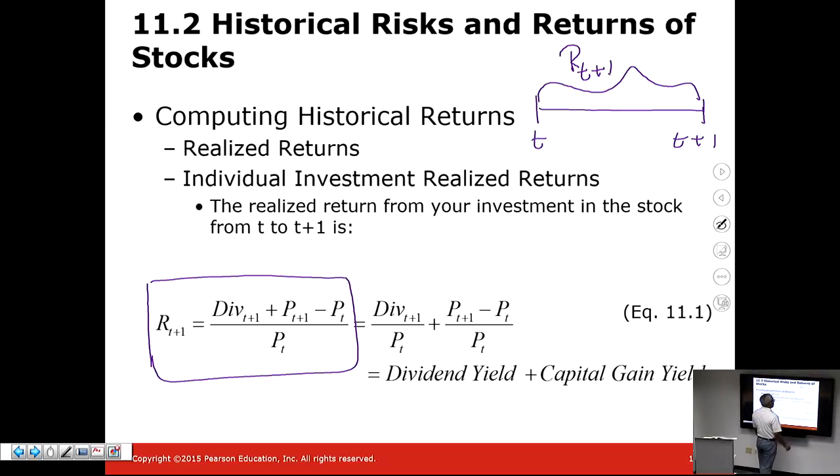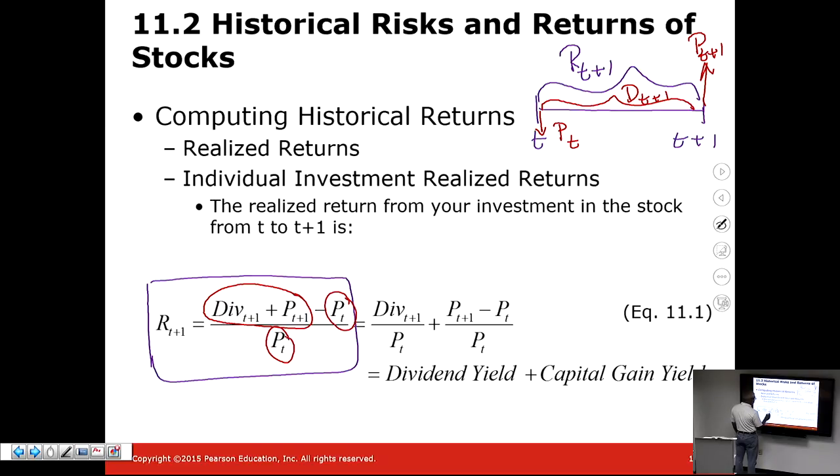And that return will depend upon the price of the stock today, the price of the stock one period from today, and any dividend payment that happened over that one period. So the gains in my cash come here, subtract the initial, divide by the initial. So again, you can look at this as end minus begin, divided by begin.